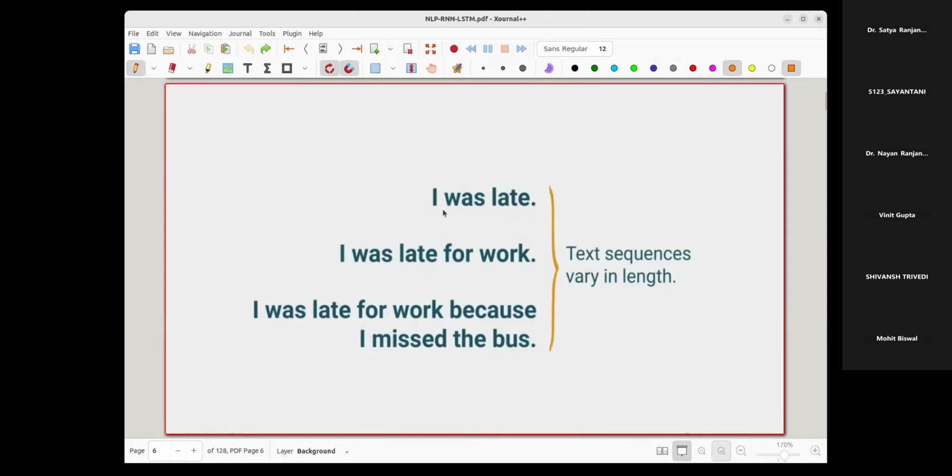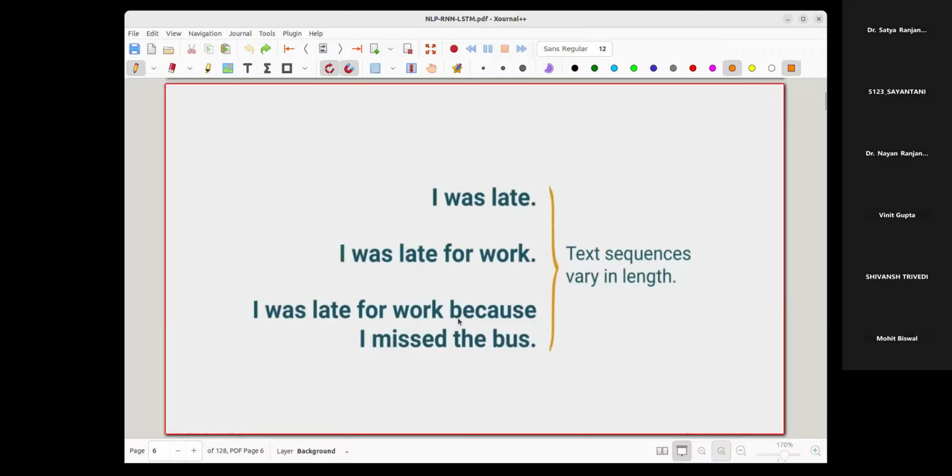Now if you see this, the meaning of the sentence is clearer if you have more words. I was late, it's okay, but I was late for work adds two other words which give you more clarity about why you are late. And I was late for work because I missed the bus. So why were you late? Because I missed the bus.